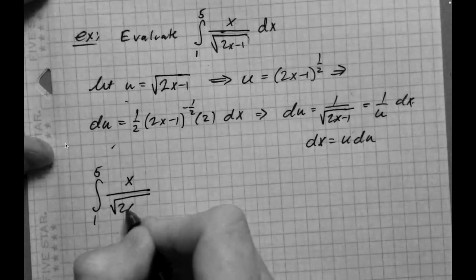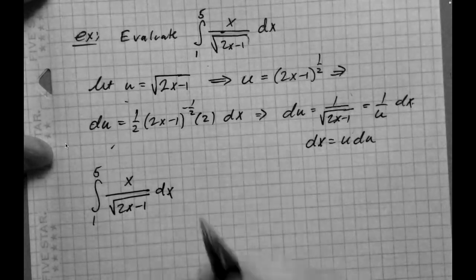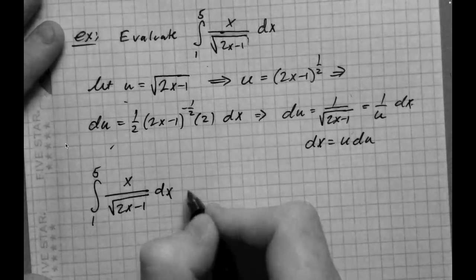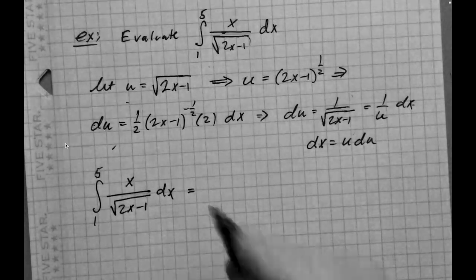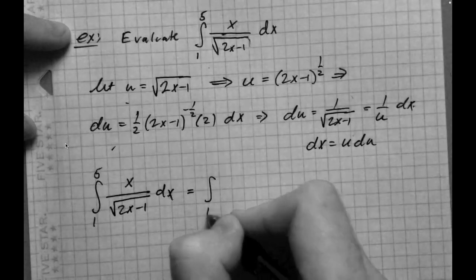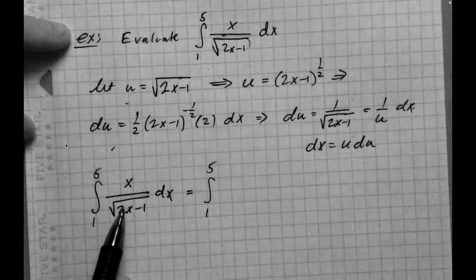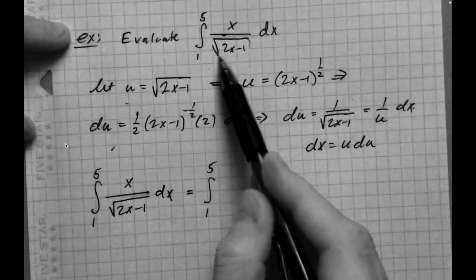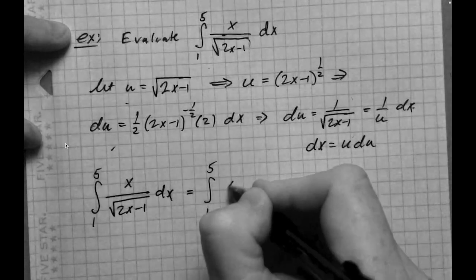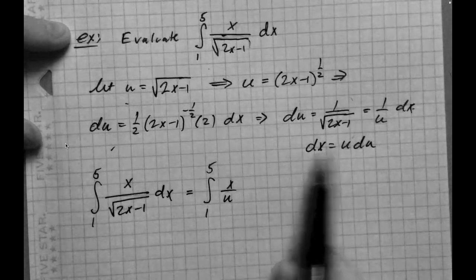Now, strictly speaking, this is kind of abusive notation, but a lot of times this can be helpful in parsing out what's left to grab. So I have the square root of 2x minus 1 is u, so I have x over u, and the dx is u du.